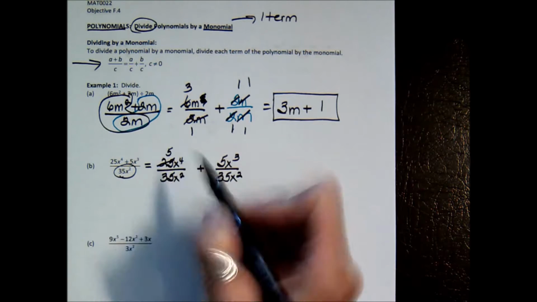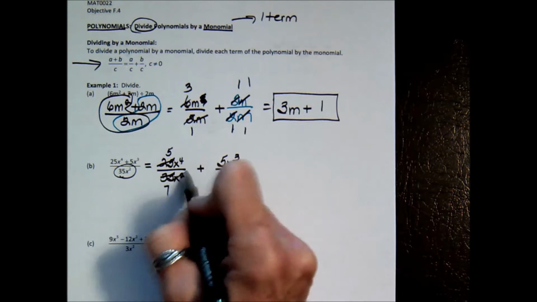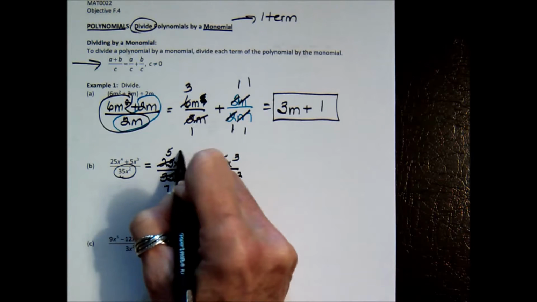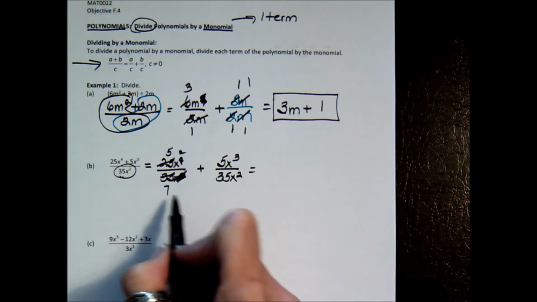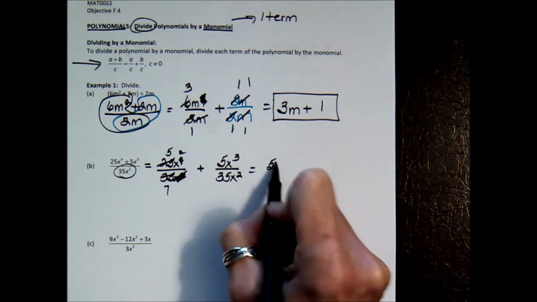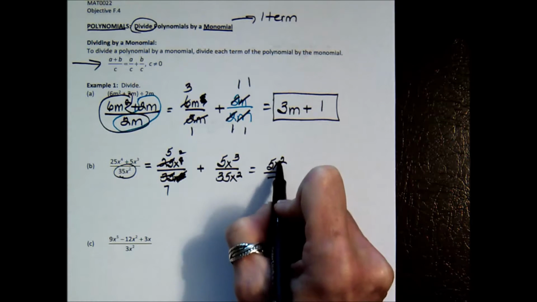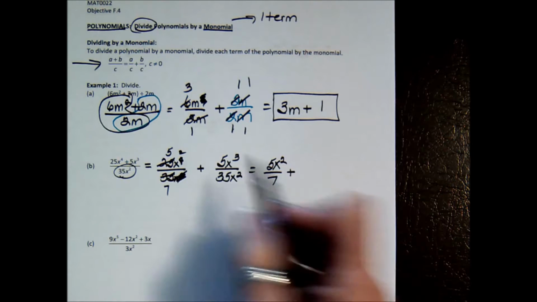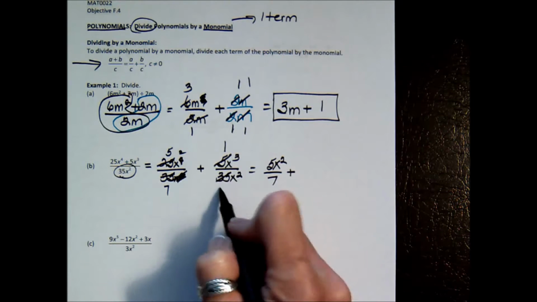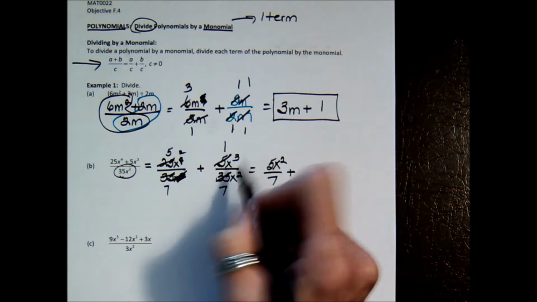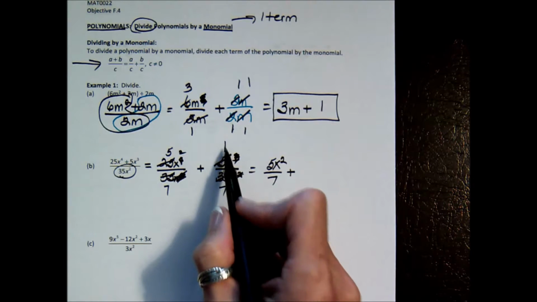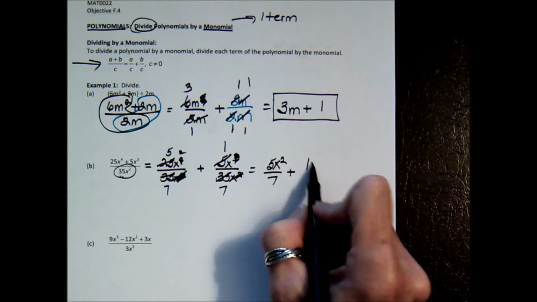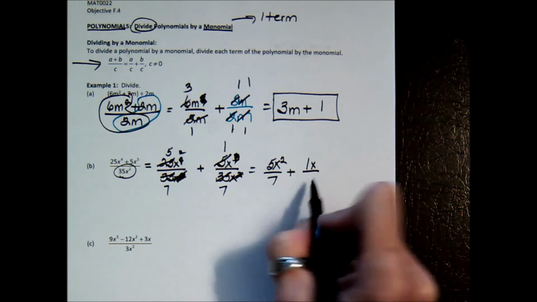So it goes in 5 times here, 7 here. These two x's cross cancel 2 of those. And so my first term is 5x squared over 7. Here, 5 goes into 5 once, it goes into 35 7 times. These two x's cross cancel 2 of those, and you're left with 1x over 7. You can or cannot show that one, it's up to you.